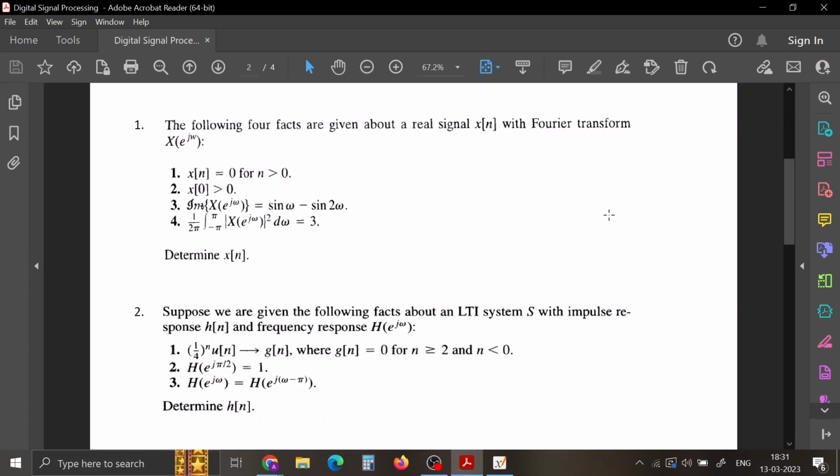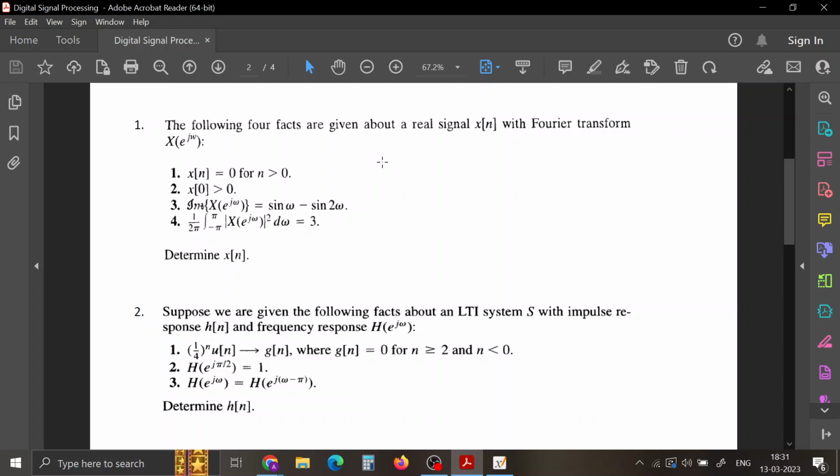And in the first question, I'd already solved almost half of it. So in the first question, I hope you can see it, we have been given 4 conditions for a time domain sequence x of n, and x of n is a real signal, it is already given, and it has a Fourier transform capital X of e power j omega, and the 4 conditions that are given are as follows.